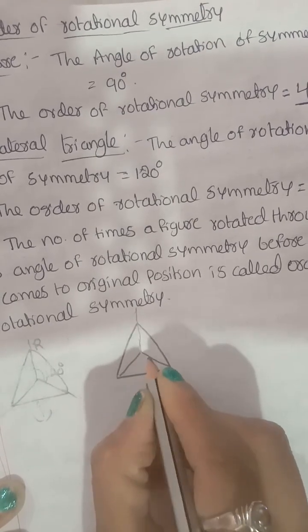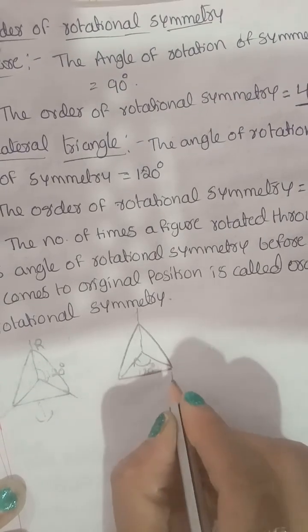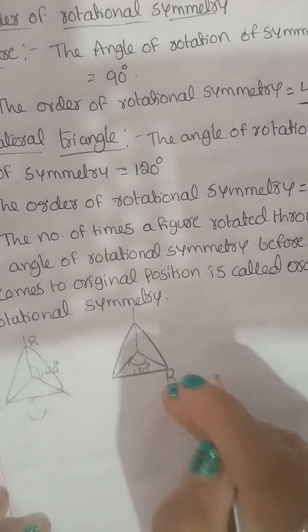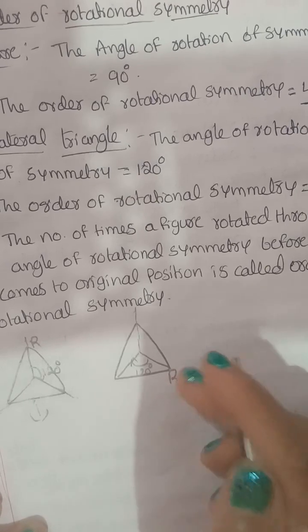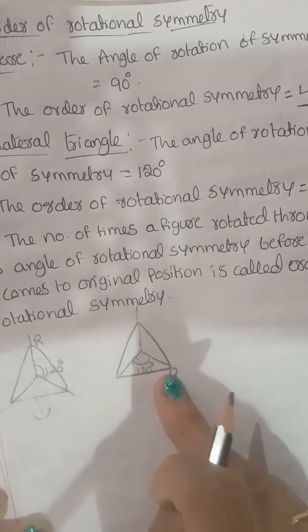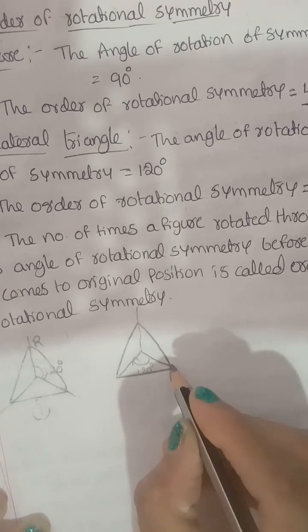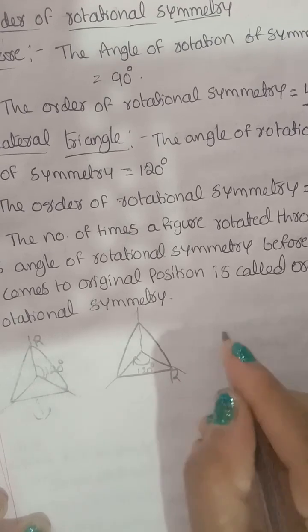next is that. Here, if you observe how point R moves: in the first initial position it is here, and the next one is rotated by 120 degrees, and only the position of R changes. Okay?